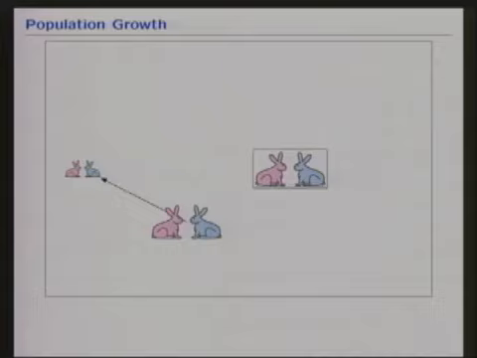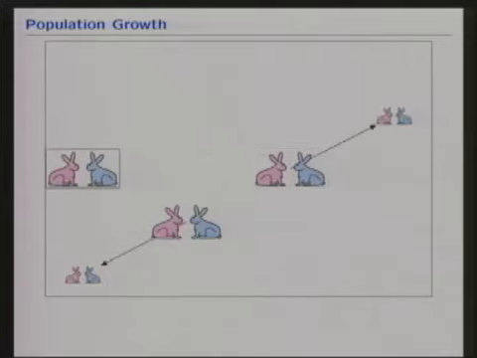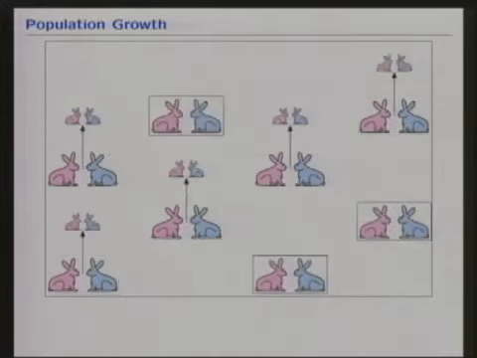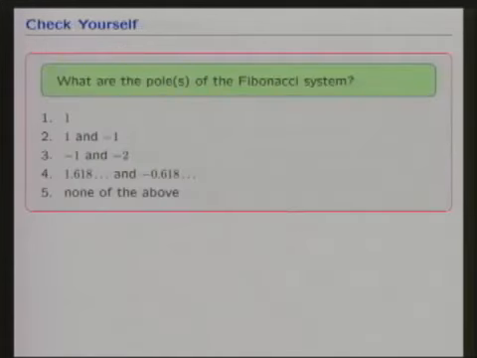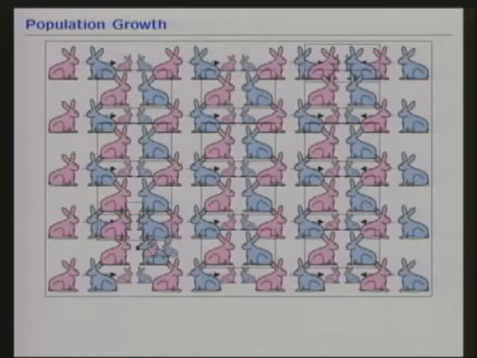Then they grow up, but meanwhile, mom and dad had another pair of rabbits. Then those grow up, and you get lots of rabbits. Okay, so that's the idea, right? Question: what are the poles of the Fibonacci system?